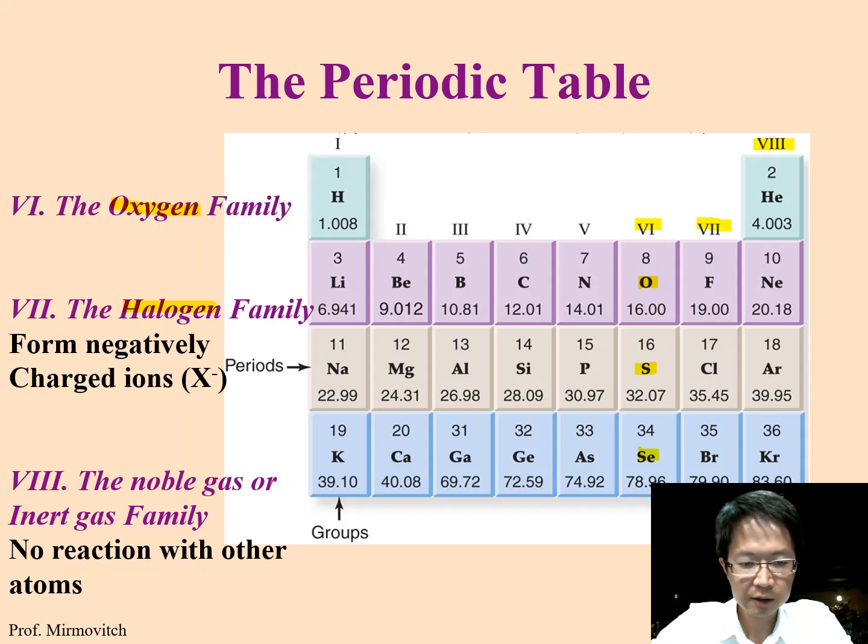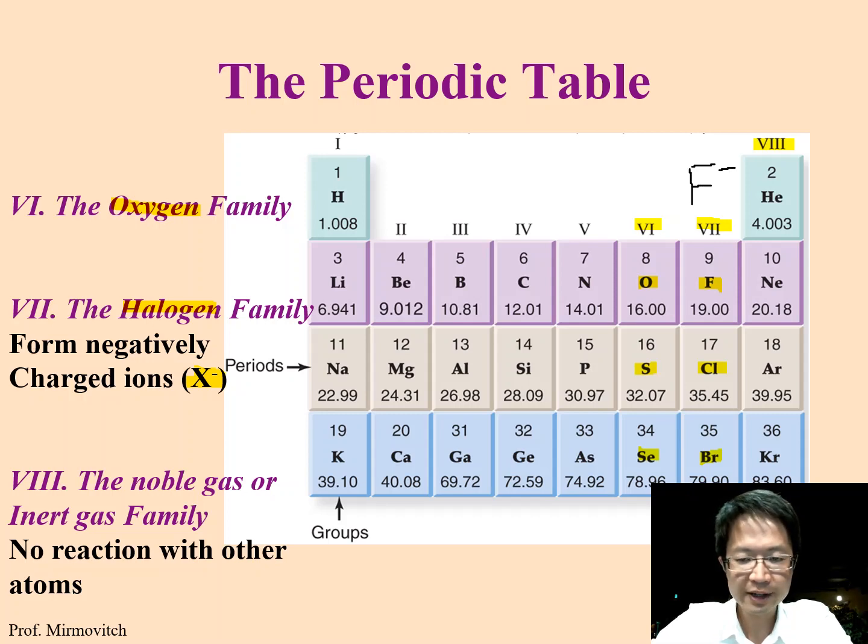They form a negative charge ion, 1 negative. So fluorine, chlorine, and then bromine. Fluorine, F, wants to gain 1 electron.